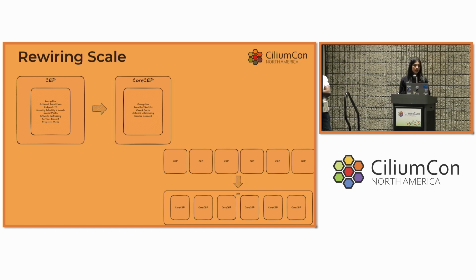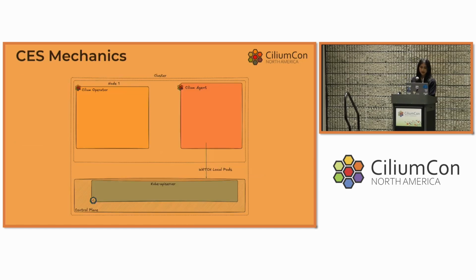Cilium endpoint slices are internally batched by namespace. So in each namespace, we create different Cilium endpoint slices, which contain only the core CEP representations for pods in that namespace. And we batch them into the Cilium endpoint slice that has the most available slots in order to minimize the number of updates made. I'm going to get back to that in a second.